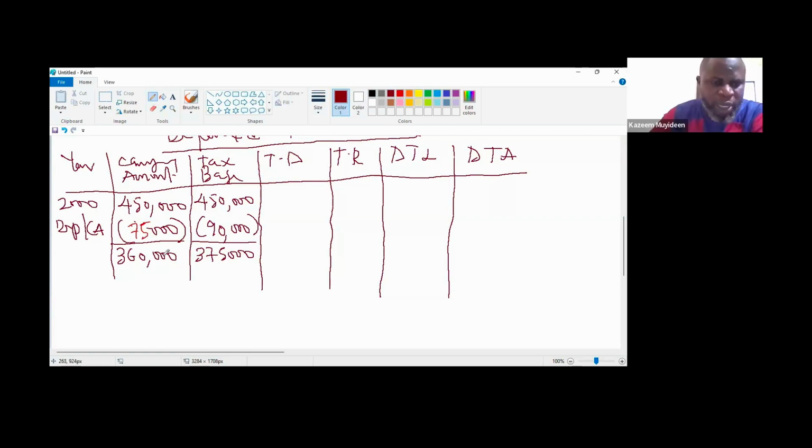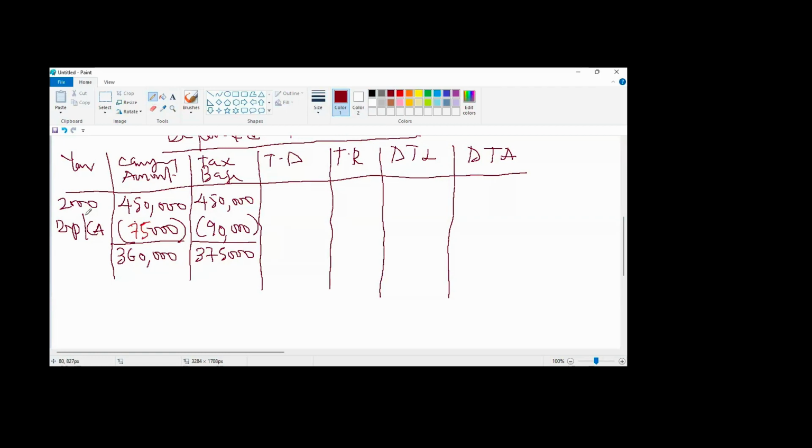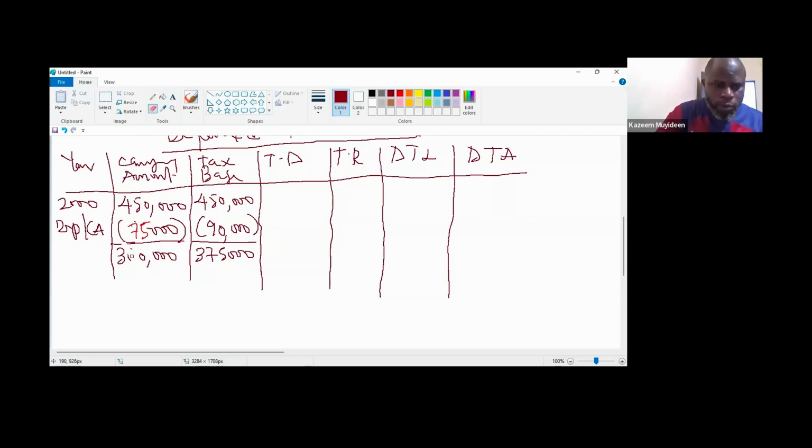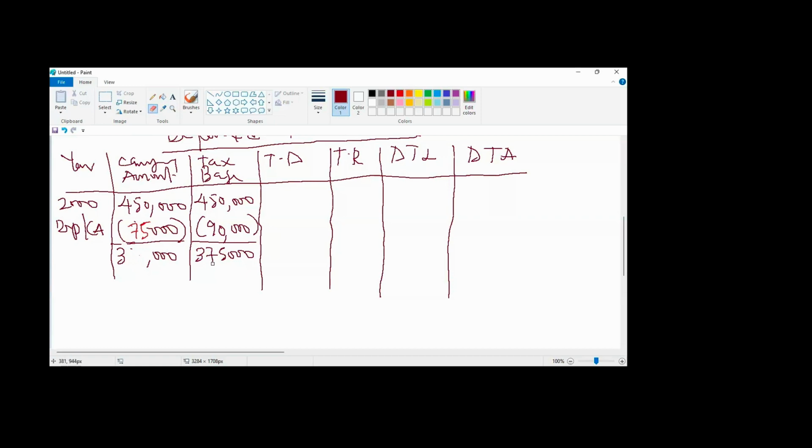That means this one is wrong. The carrying amount is 375, and the tax base is 360.